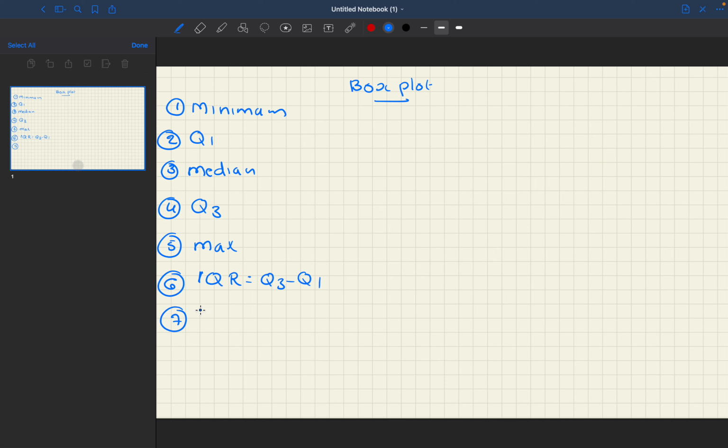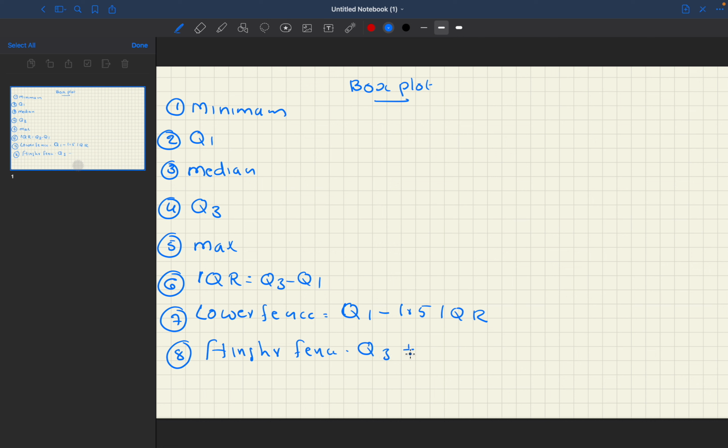Then we need to calculate the lower fence. Its formula will be Q1 minus 1.5 IQR. And we need to find out the higher fence, which is equal to Q3 plus 1.5 IQR.